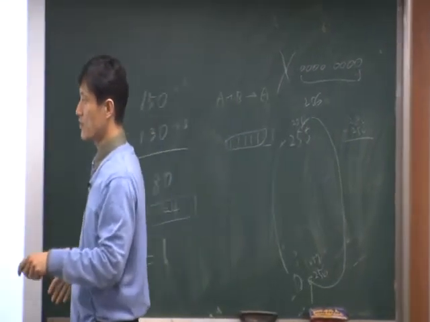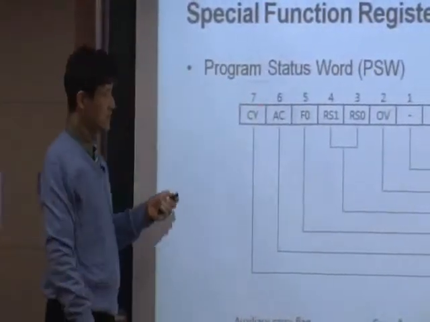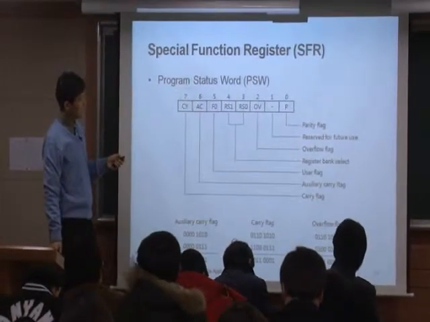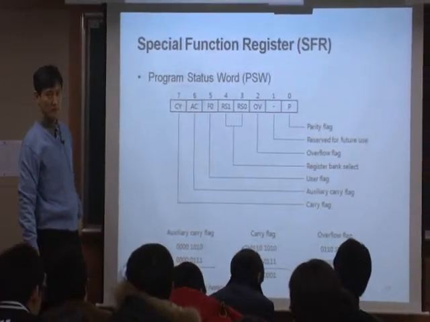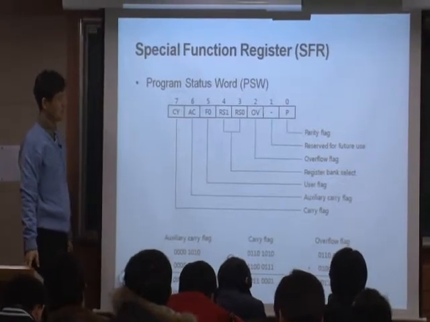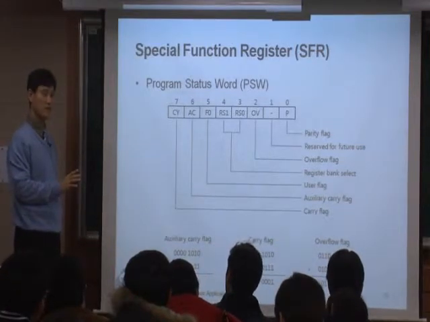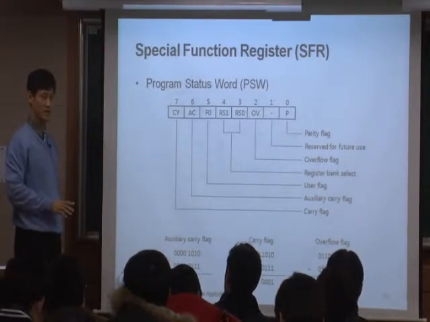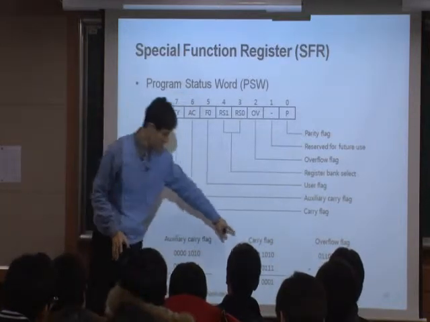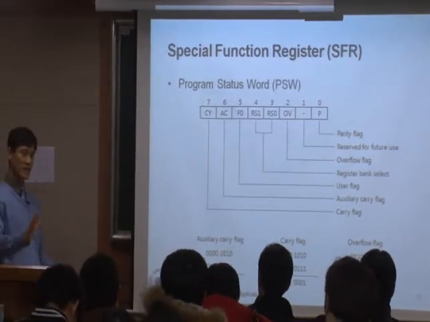And when this happens, you have a carry flag. Now let's see auxiliary carry. This is AC. In fact, AC is not important, because it was probably needed 30, 40 years ago, but these days nobody uses it. Look at this picture. This is the carry flag. Now the auxiliary carry flag is exactly the same as the carry flag.